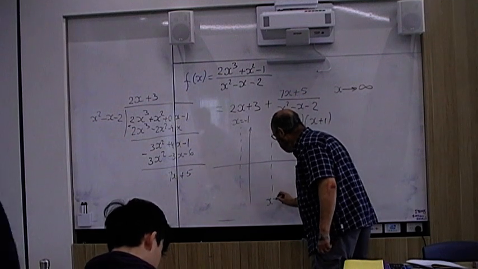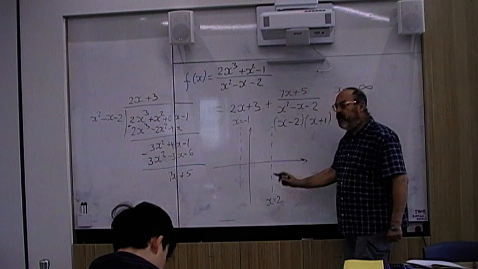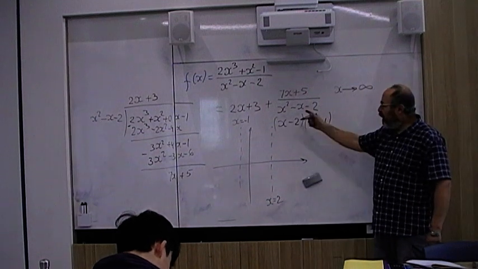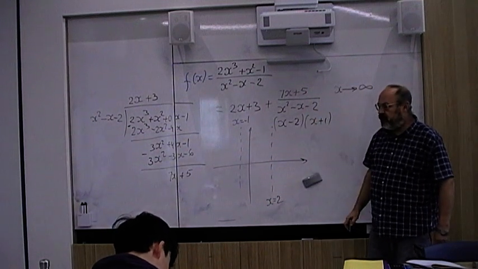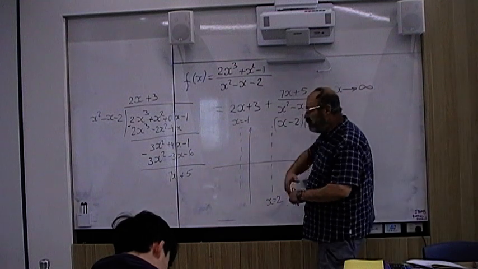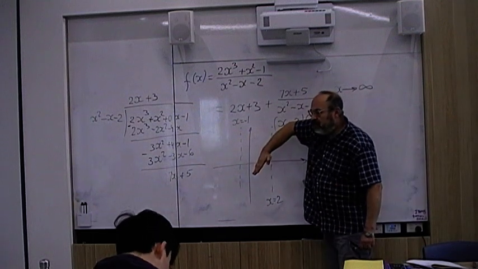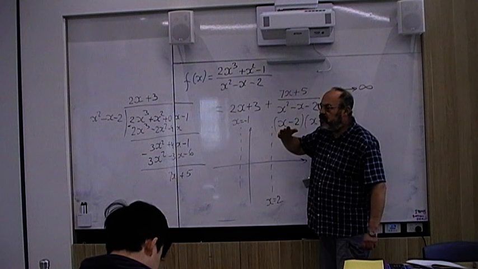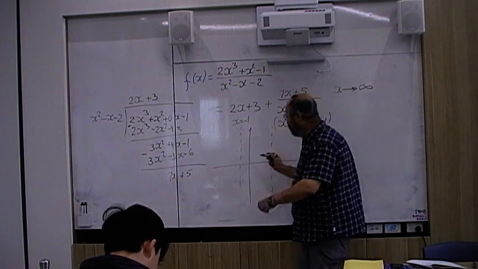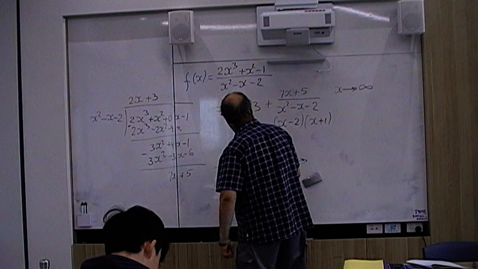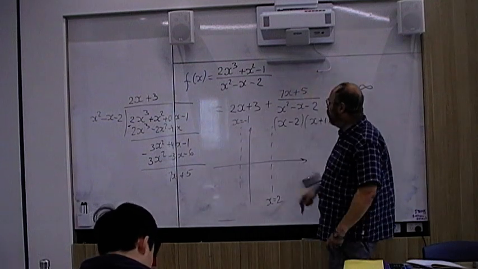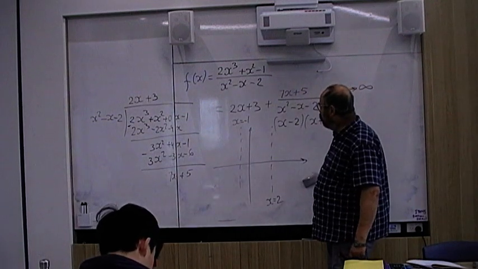We have the oblique asymptote, y equals 2x plus 3. What does oblique mean? It means going not vertical, not horizontal, but at some angle. So we have another asymptote. Now the x-intercepts will be minus 3 and 2.